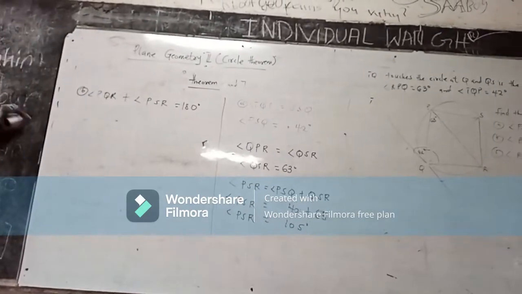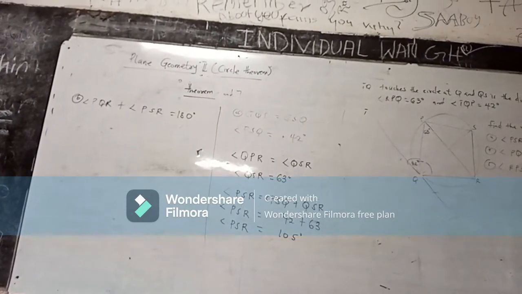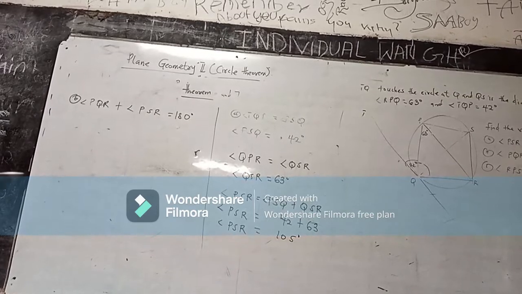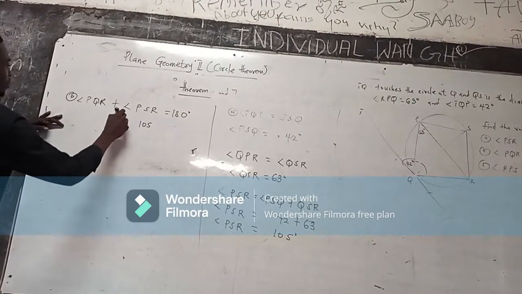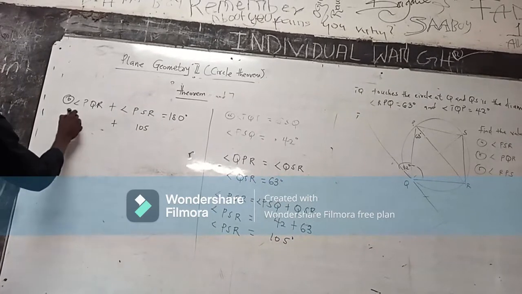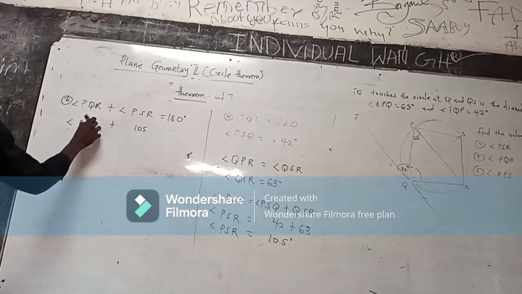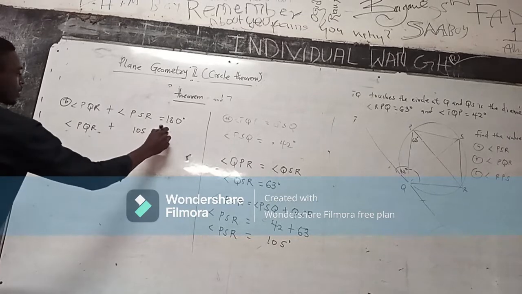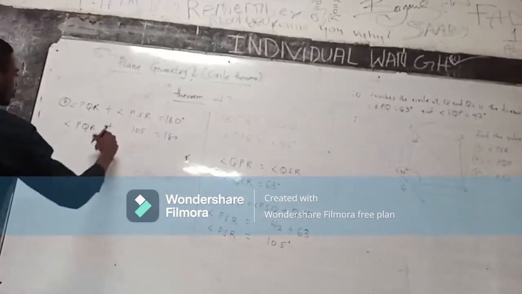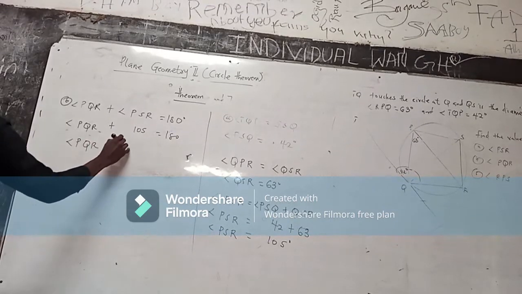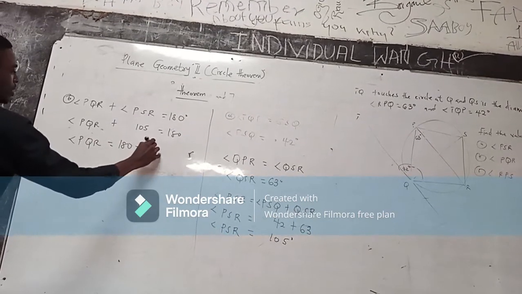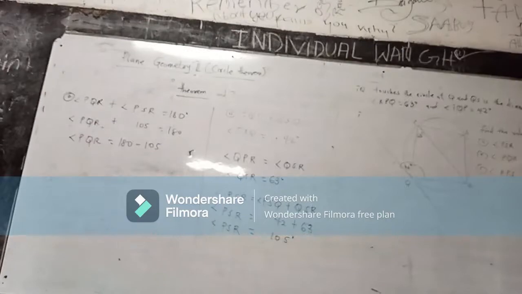That is one of the theories that we have studied. So let's apply that one. If you have here to be 105, then you can just subtract this one from this. So PQR is equal to 180 minus 105.